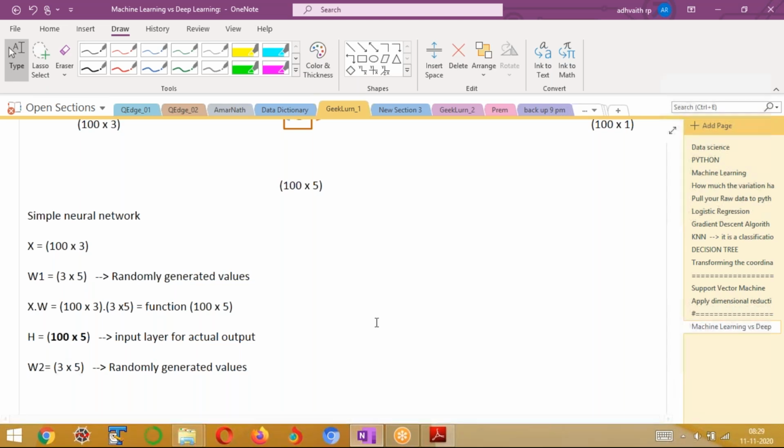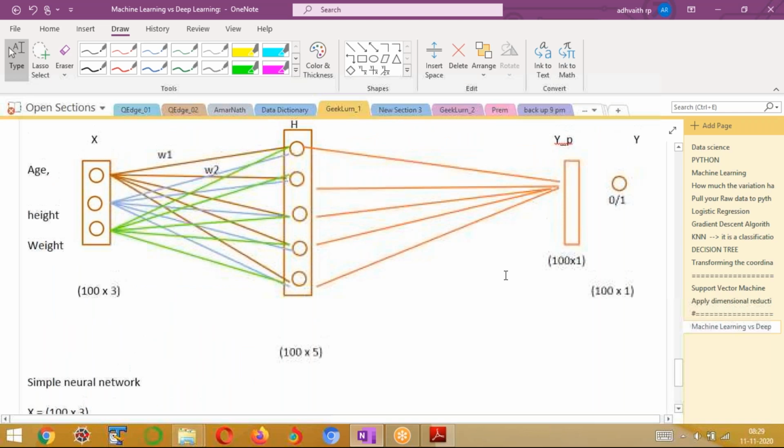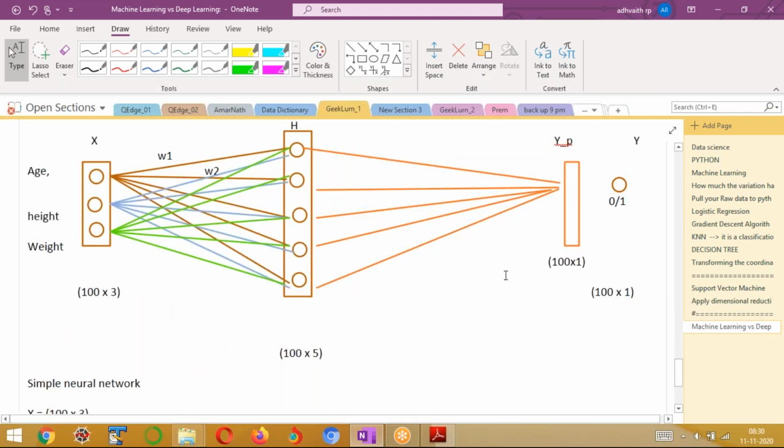What is the size? It should be 5 by 1. I directly attached this here, but I should not. Here in the middle, a weight 2 will be created.